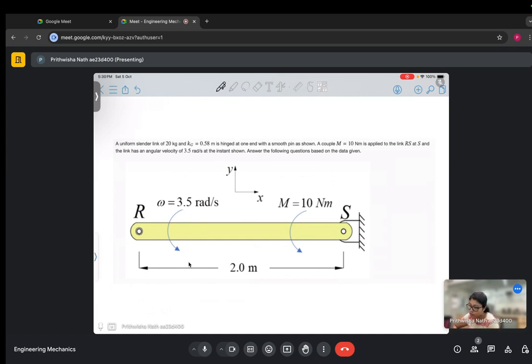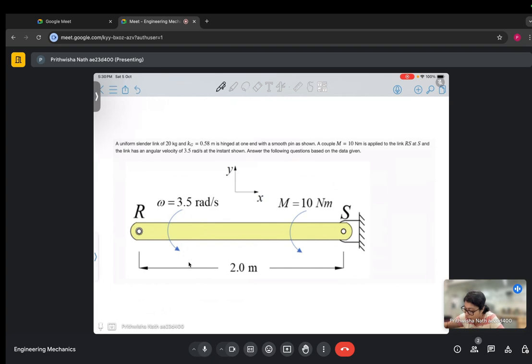So the bar RS has mass of 20 kg. It is hinged at one end as it can be seen from the figure at S, and kg is equal to 0.58 meter, and couple M equal 10 Newton meter is applied to the link at S, and the angular velocity of the link is 3.5 radian per second.